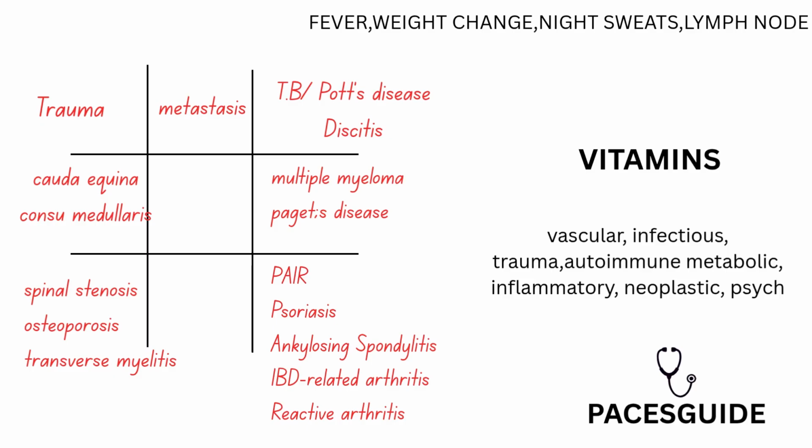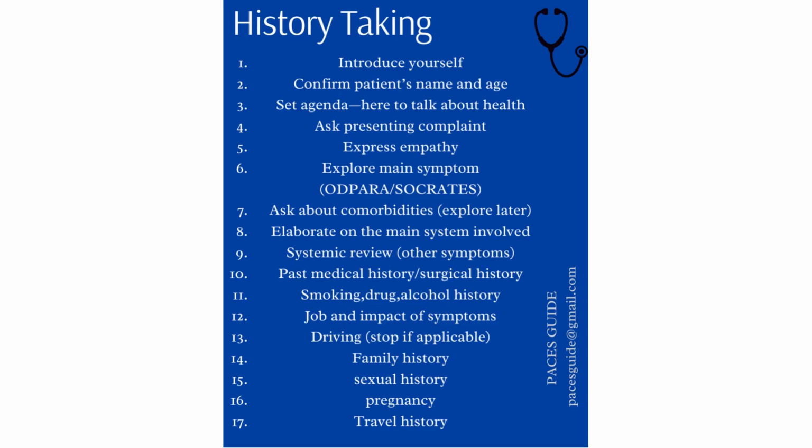So, PAIR is a mnemonic for all the inflammatory causes of back pain, such as psoriasis, ankylosing spondylitis, IBD related arthritis, and reactive arthritis. Others are neurological or infectious causes, such as TB or discitis, and it can be a malignancy or metastasis as well. So, we'll talk about how to effectively rule out each one of these while taking the history.